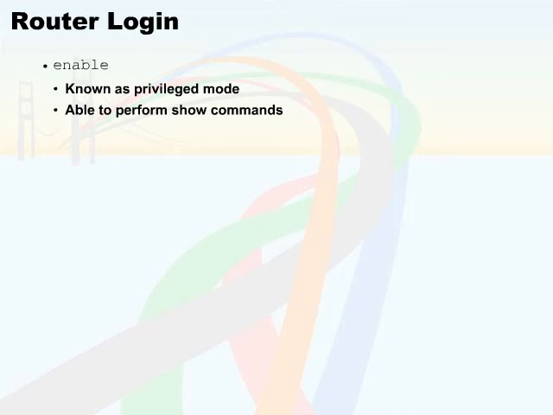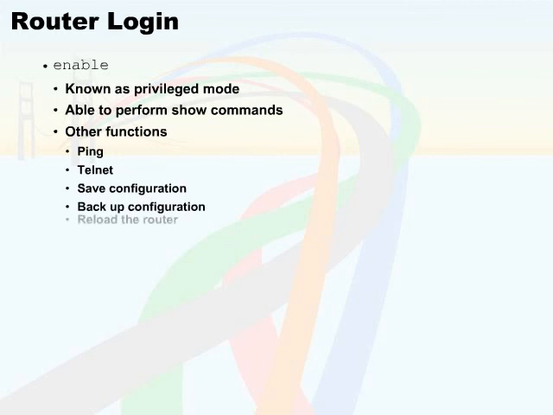You're going to see tons of show commands in the course that will give you information about your current configuration. So the primary thing that I'm going to do here at the root of privilege mode is to familiarize you with the show commands. I can also do a few other things from here, like ping, telnet, save my configuration, backup my configuration, reload my router, and so on. We're going to see these one after the other as the course proceeds.